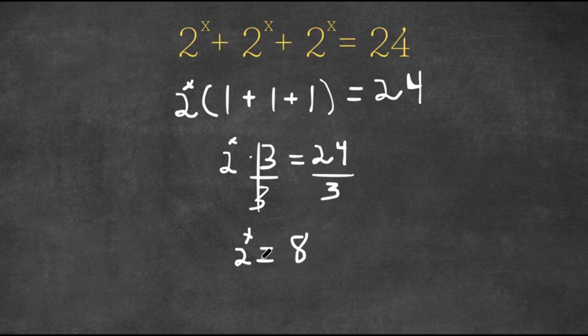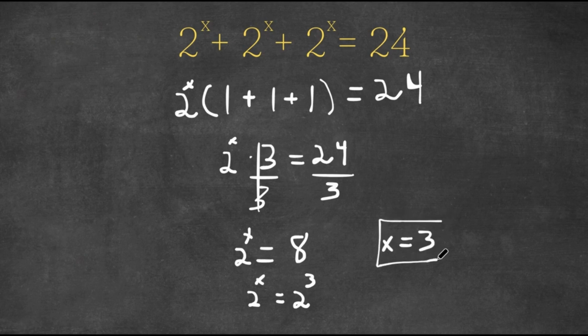We can write 8 as 2 to the power of 3, so I'm going to rewrite 8 as 2 to the power of 3. So now we have 2 to the power of x is equal to 2 to the power of 3. Because these two bases are the same, the exponents are the same as well, meaning that x is equal to 3.